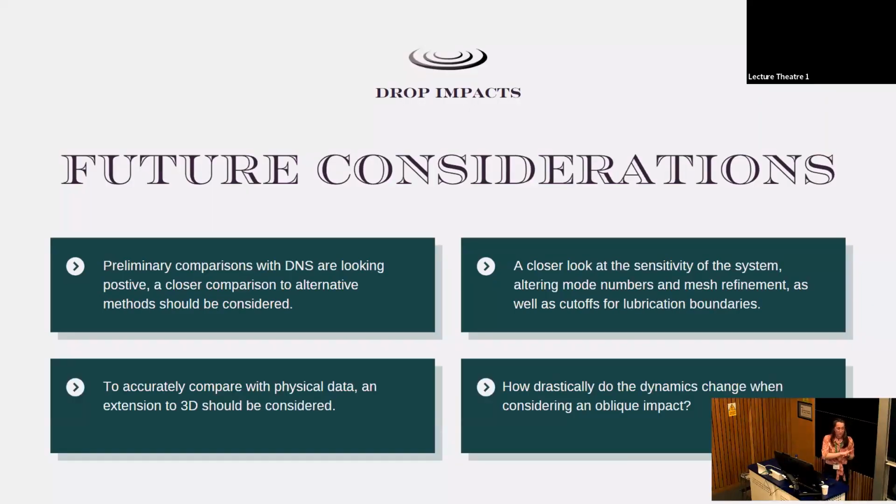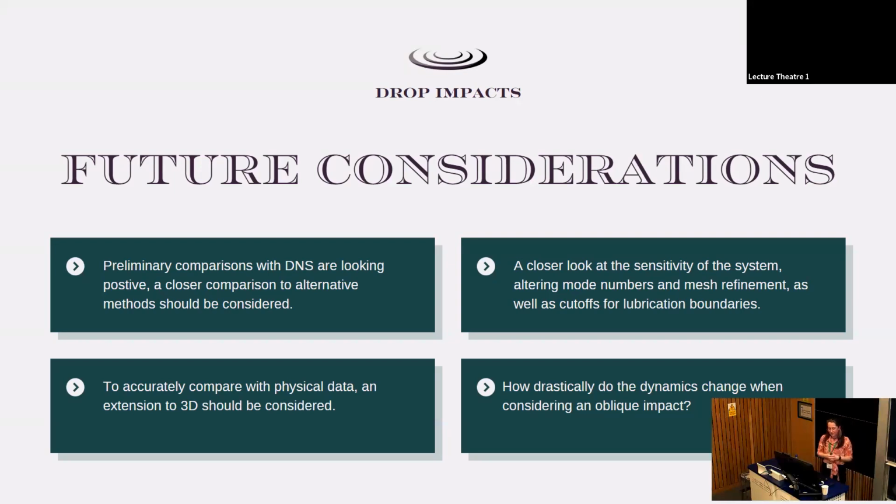Moving forwards, preliminarily, we've started looking at comparisons with DNS, and we do want to do more of them. And we've only just done 15 runs of changing some values, so we do need to do a better sensitivity test, as well as look at mesh refinements, other scientific computery things. But those are both in the works, and hopefully we'll get some even nicer results down the line.